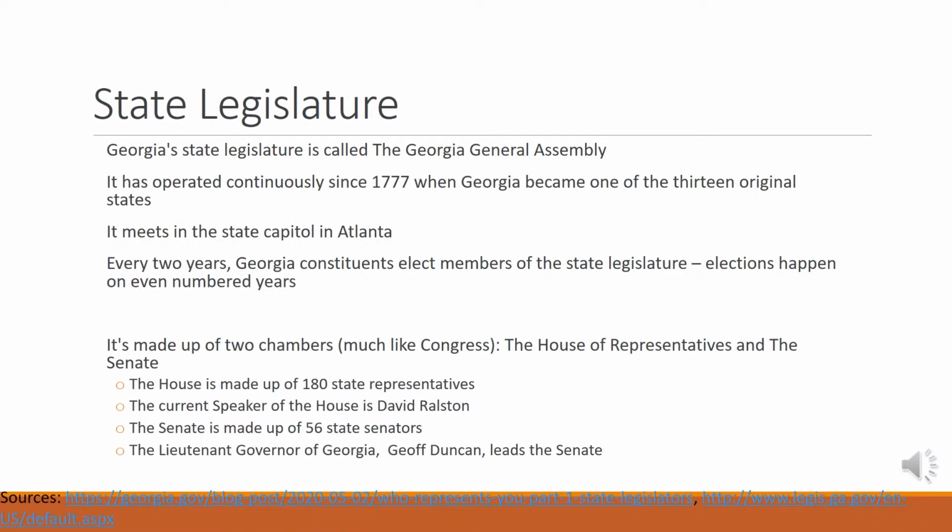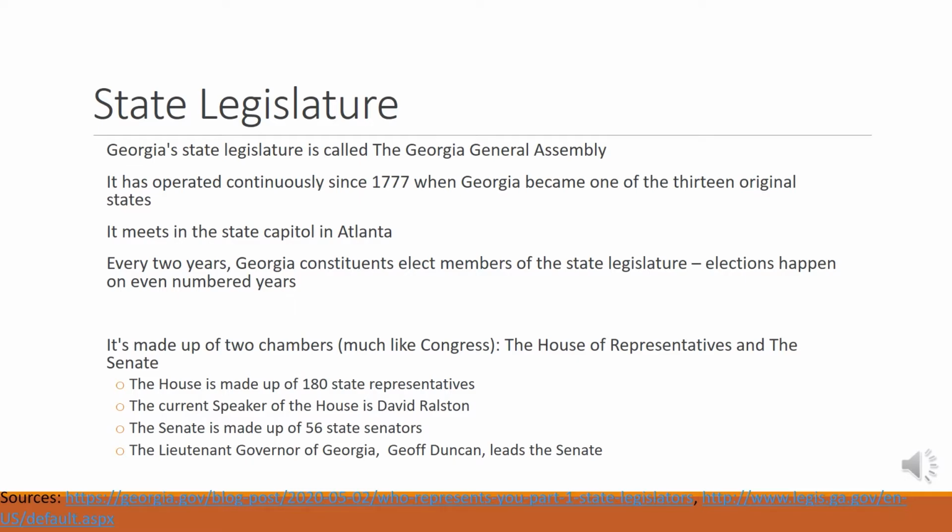State Legislature. The Georgia State Legislature is called the Georgia General Assembly. It has operated continuously since 1777 when Georgia became one of the original 13 states. It meets in the state capitol in Atlanta. Every 2 years, Georgia constituents elect members of the state legislature. Elections happen on even-numbered years.